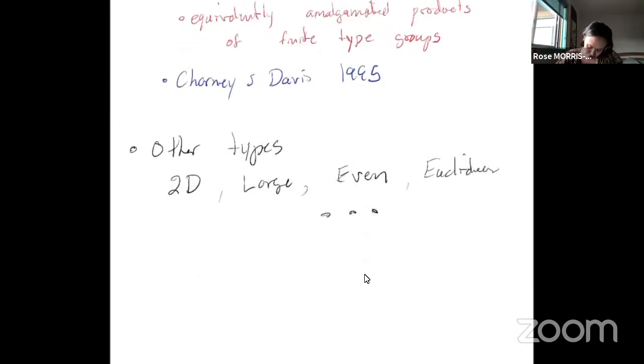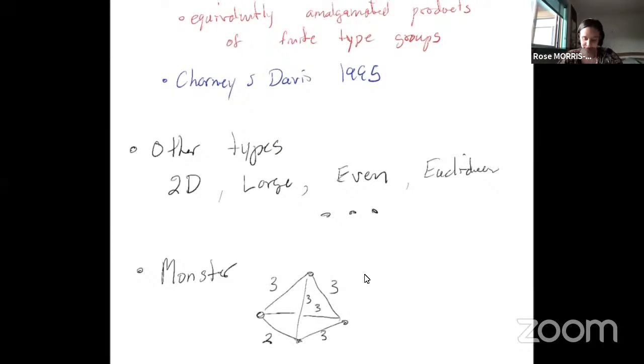I did want to mention what I call the monster. I think that might be a personal term of mine, but I just wanted to point out an example. So here's my graph. It's a complete graph, and all the labels are 3, except one of them is 2.